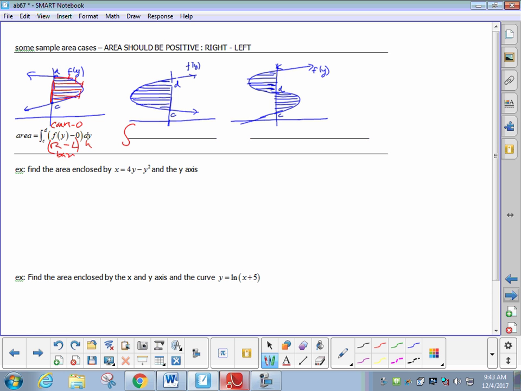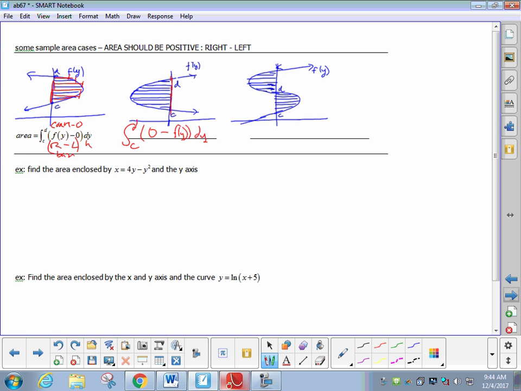The limits of integration are from C to D. The bases, to make the bases positive, I'll go right minus left. What's right of all those segments? 0. And left is the curve. And the height is a small change up and down, which is dy.